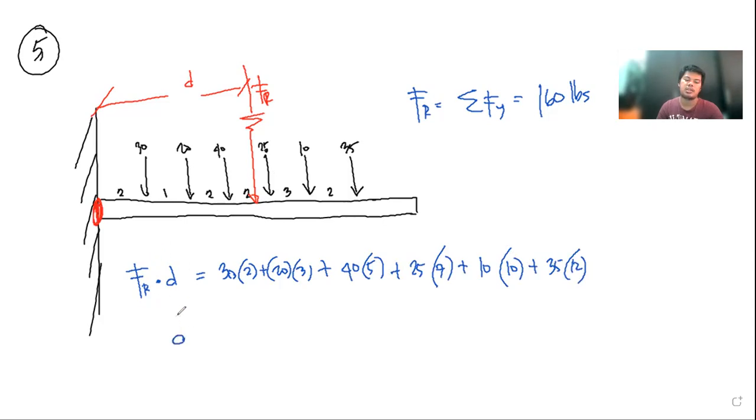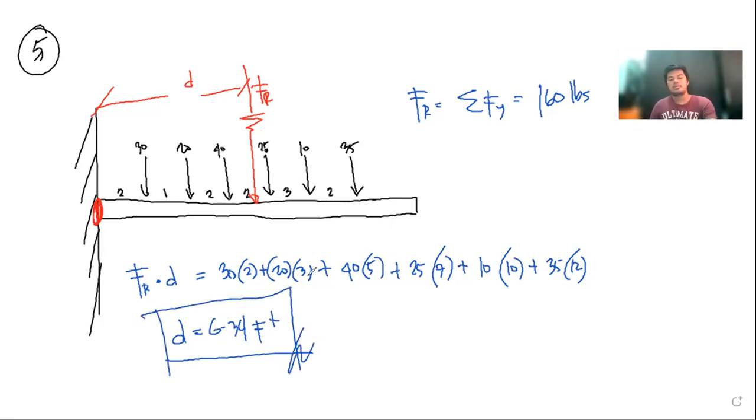We can calculate D. So D equals 20 times 3 plus 40 times 5 plus 25 times 7 plus, okay, 35 times 12, divided by 160. So the answer is 6.34 feet.